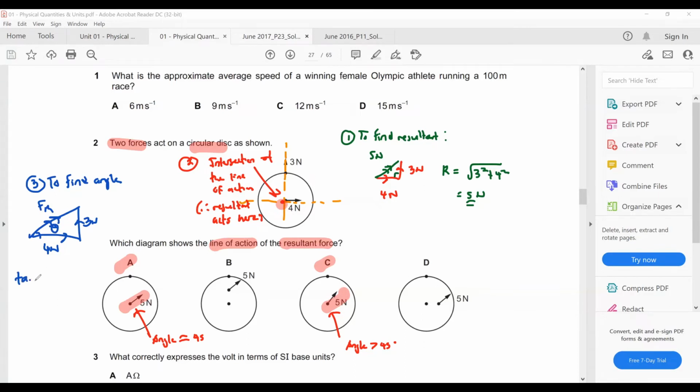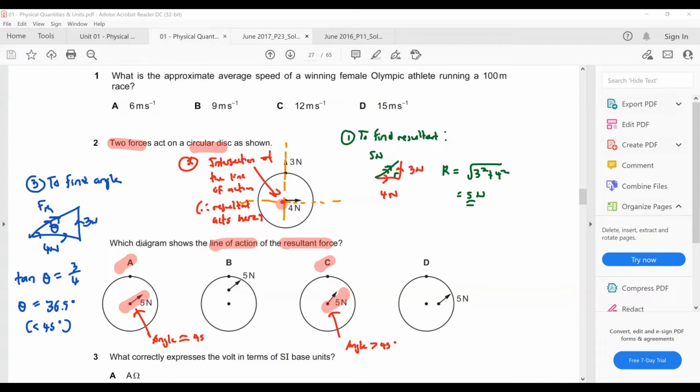You can say that tangent theta is 3 over 4. Theta is going to be 36.9 degrees. This is actually slightly below 45 degrees, right?